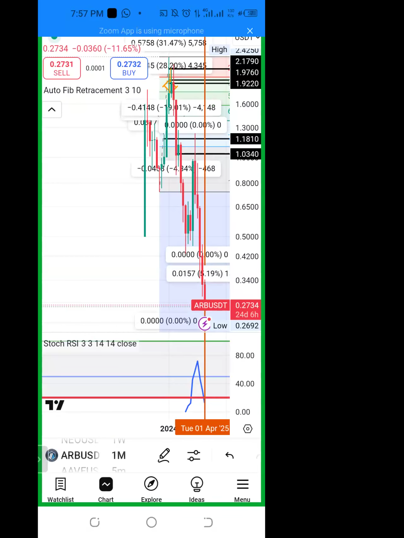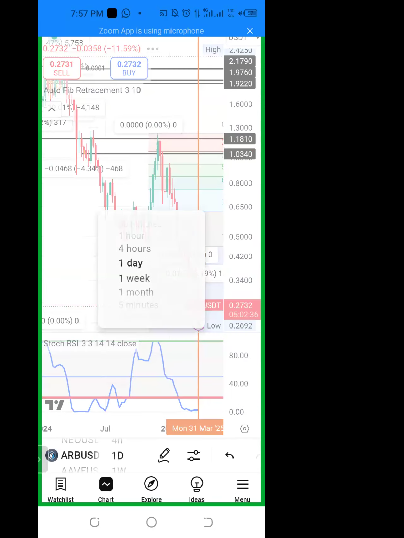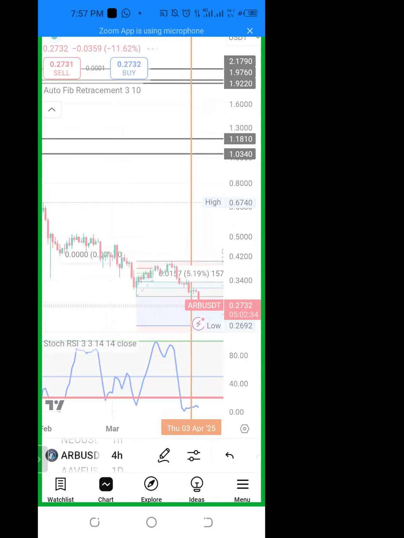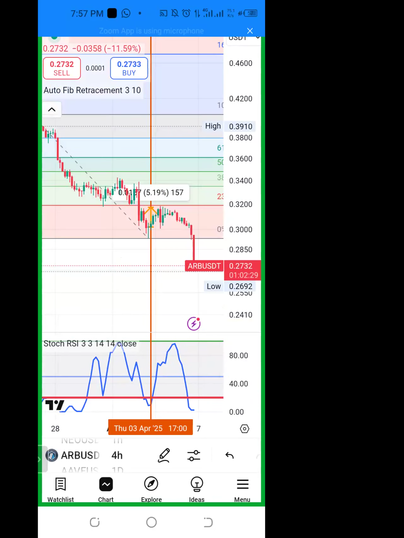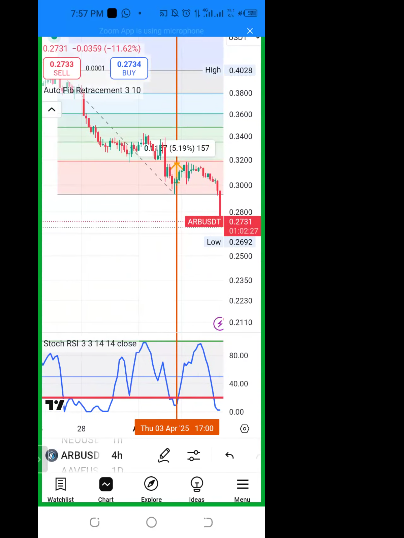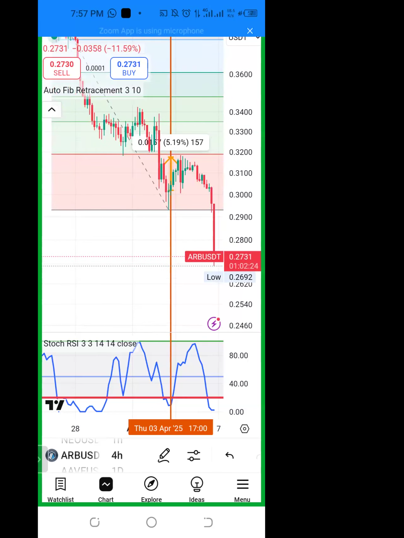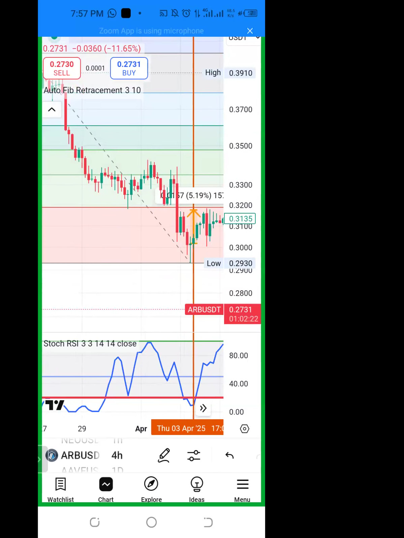Let me go to 4 hours. At any point in time, it does that. The stochastic line is far below. I seen that it did that here too. It did that here. That's why you always see me always drawing line, always drawing line.